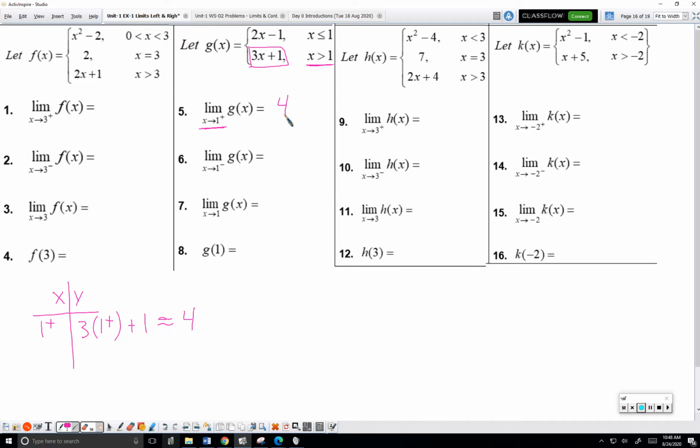1 minus, that's the left-hand limit. So now x is slightly less than 1. So I have to use this formula.